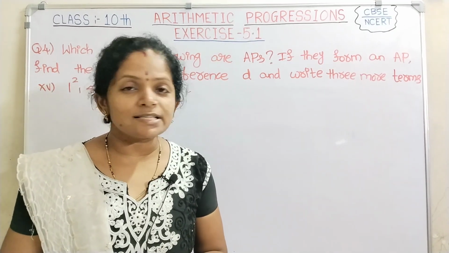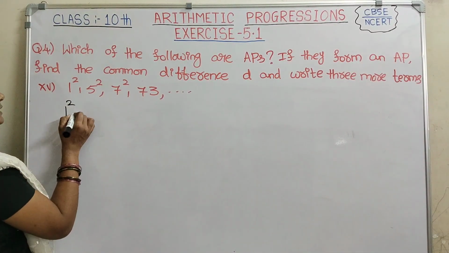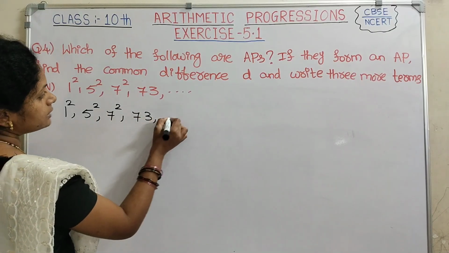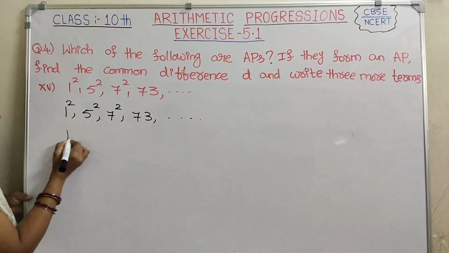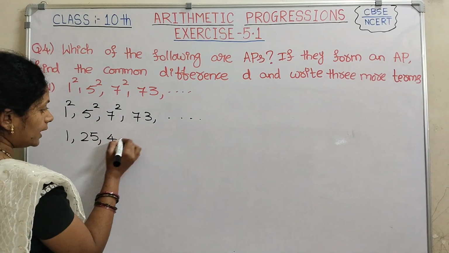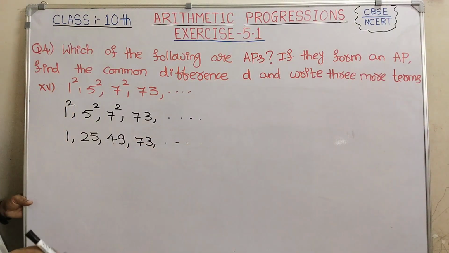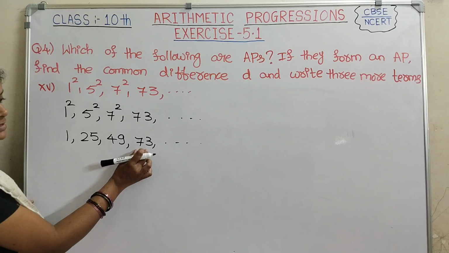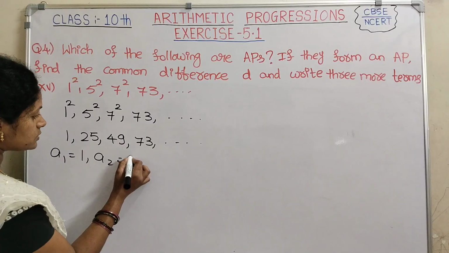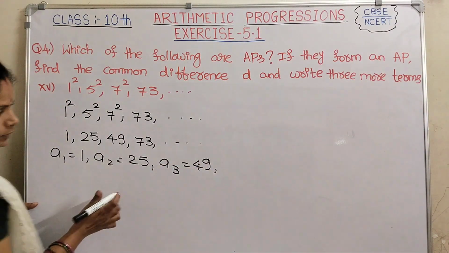Okay friends, let's discuss the last question of this exercise. 1 square, 5 square, 7 square, 73 and so on. Convert here. 1 square is 1, 5 square is 25, 7 square is 49 and the 73. It is not the square of anyone, it is just given as the number 73. Let us take A1 is 1, A2 is 25, A3 is 49 and A4 is 73.